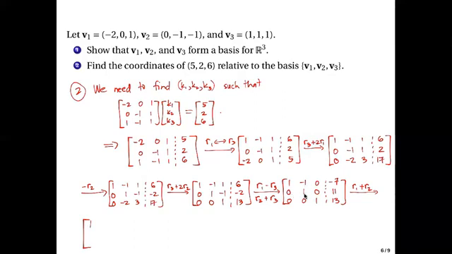Negative 1 plus 1, that's 0. 0 plus 0, that's 0. Negative 7 plus 11, that's 4. And then we just copy second row and third row. 0, 1, 0, 11. And then 0, 0, 1, 13. Okay?